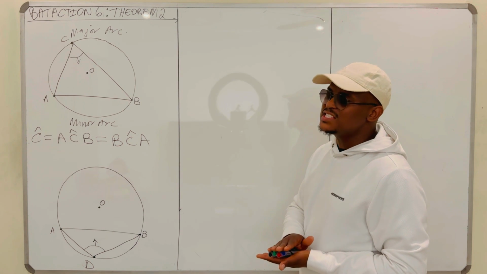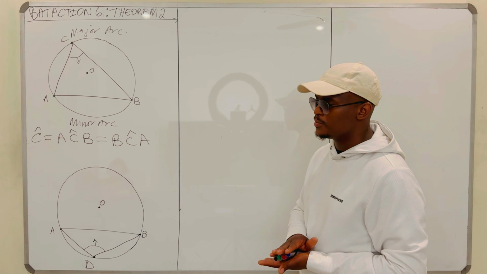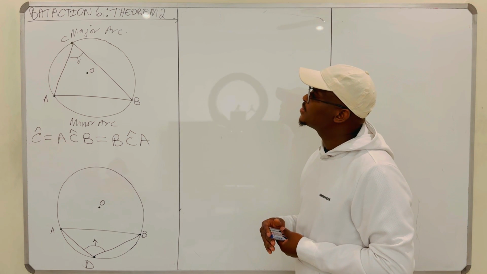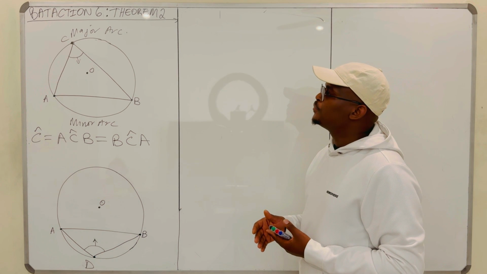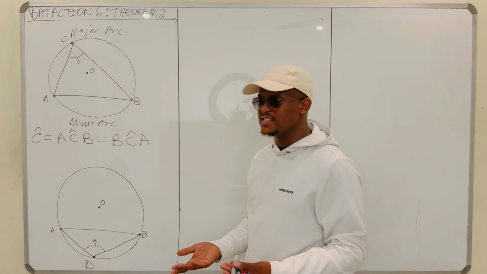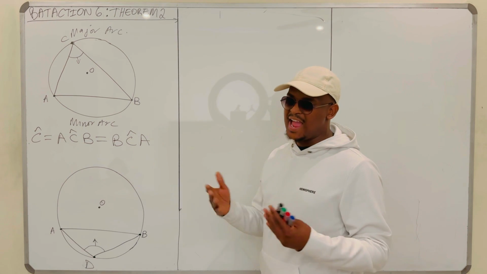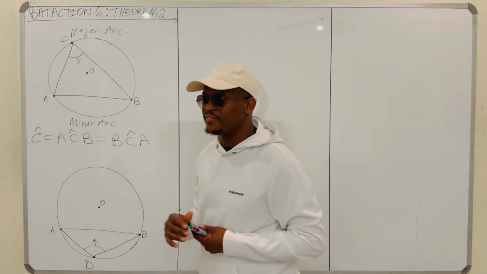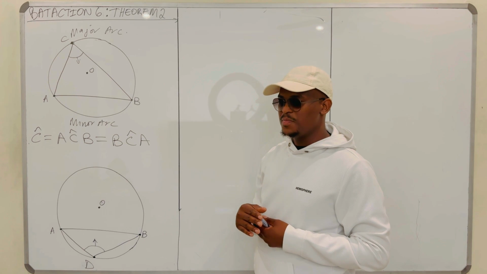So, there's this theorem that I want to work on, theorem 2. Are you guys following? Theorem 2 states that if you have an arc or your chord, and it subtends angles, let's say it subtends an angle at the center and an angle at the circumference. Are you with me?